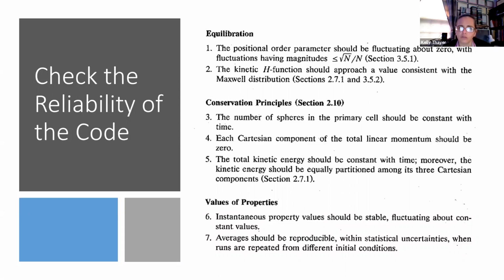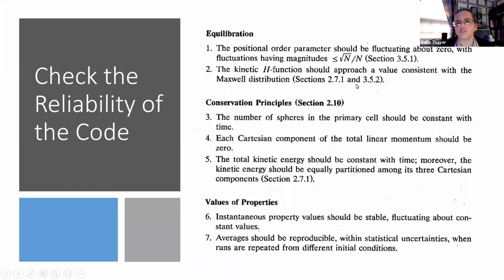So in the equilibration, we want to check that the position and order parameters should be fluctuating about 0, with the fluctuations having a magnitude of plus or minus root N over N. I didn't go into the derivation of this root N over N, but this is again something that comes from physical chemistry and the ideal gases, and this can be derived from the ideal gas parameters.